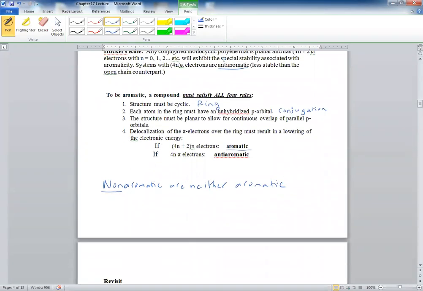Let me just clean up my handwriting here. Non-aromatic compounds are neither aromatic nor anti-aromatic, meaning if they don't satisfy all the criteria, even if they satisfy, let's say, 1, 3, and 4, but they don't satisfy 2, then these would be non-aromatic.